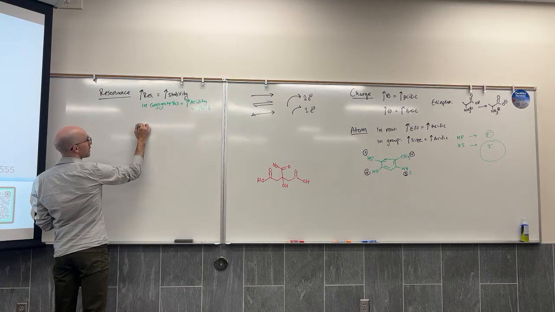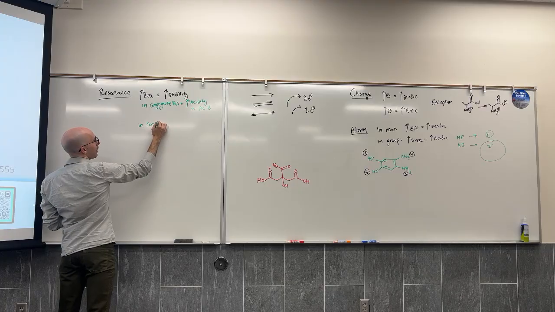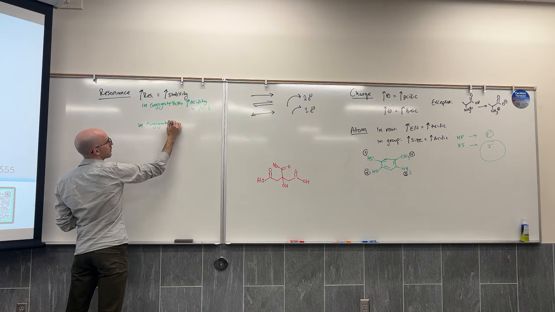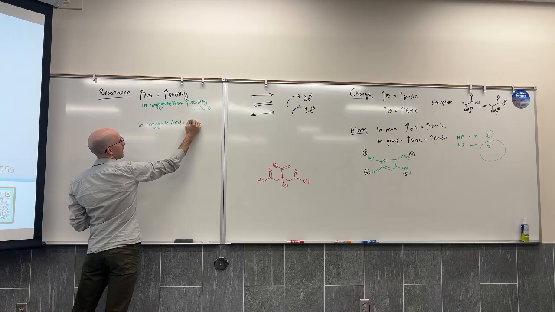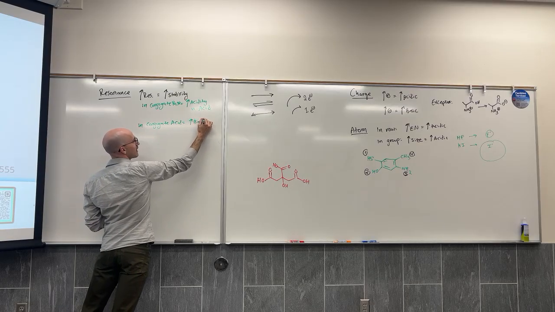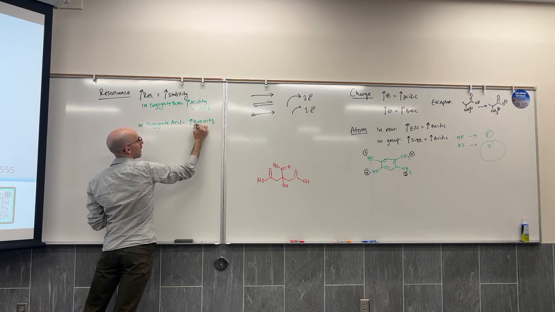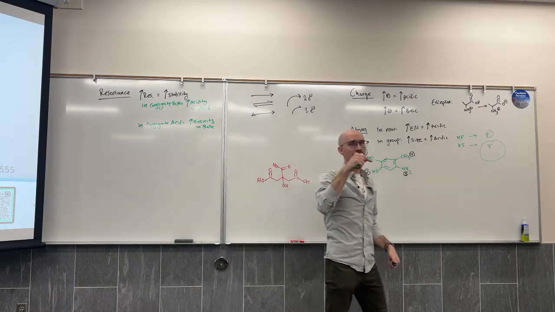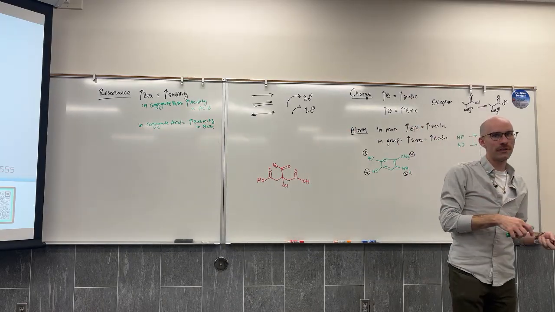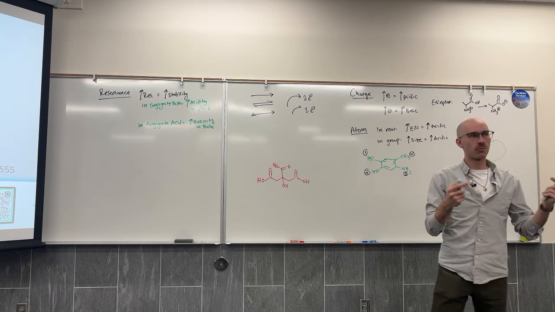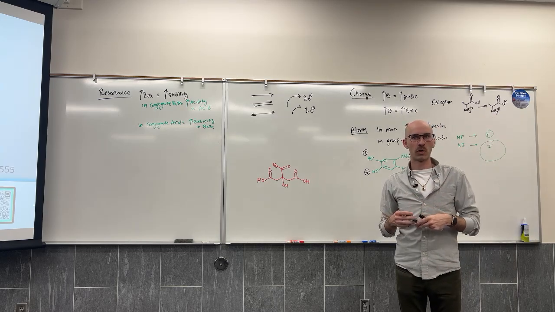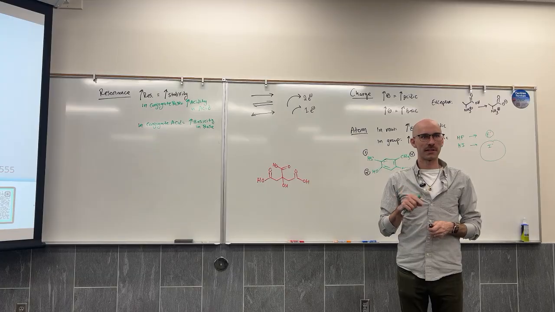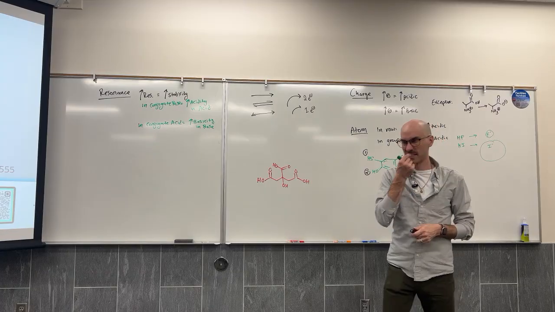If I have increased resonance in my conjugate acid, I forgot my E in base, then I have increased basicity in my base. Resonance stabilizes what you have so you can predict what came before it better. To determine whether something is a better acid or base, you look at the resonance.